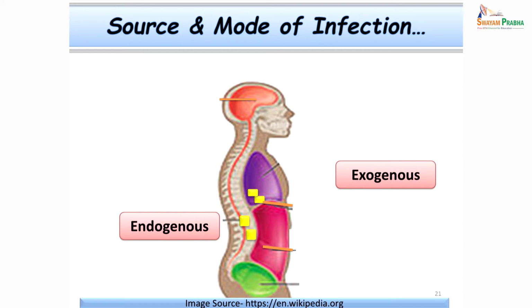Or if they are endogenous infections, some of the bacteria are present inside us as the normal flora and they could enter into any other system through the hematogenous route, through the lymphatic system, etc., as we see here. The bacteria were already present in a tuberculosis patient in the Pott's spine here, and they have entered through the hematogenous route into the urinary tract, which could result in genitourinary tuberculosis.